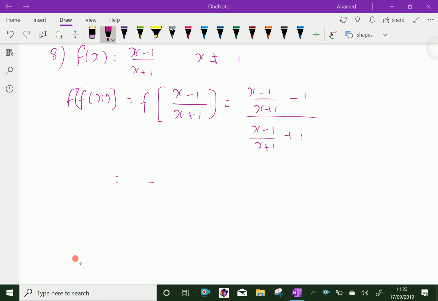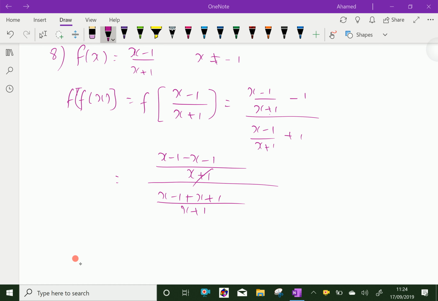which is equal to, in the numerator, we take the LCM x plus 1. Here x minus 1, and x plus 1 into minus 1 is minus x minus 1, over the same x plus 1. In the denominator, x minus 1 plus x into 1 is x plus 1.